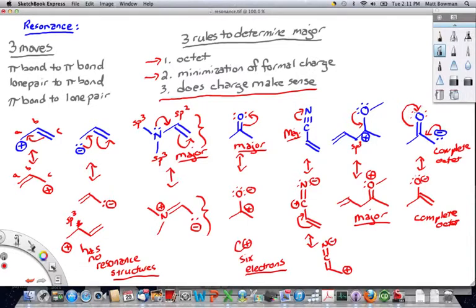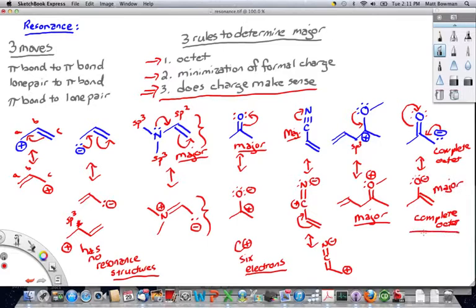This has a single negative charge. This has a single negative charge. Tie. Only now, when we have looked both at 1 and 2, can we go to this charge makes sense. Negative carbon versus negative oxygen. Negative oxygen wins out. This structure here is the major structure.